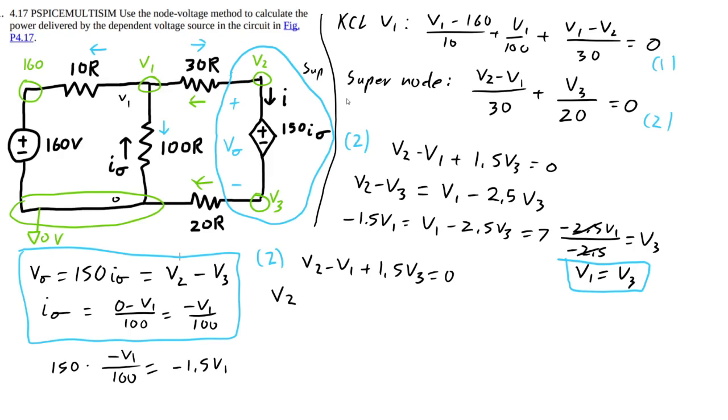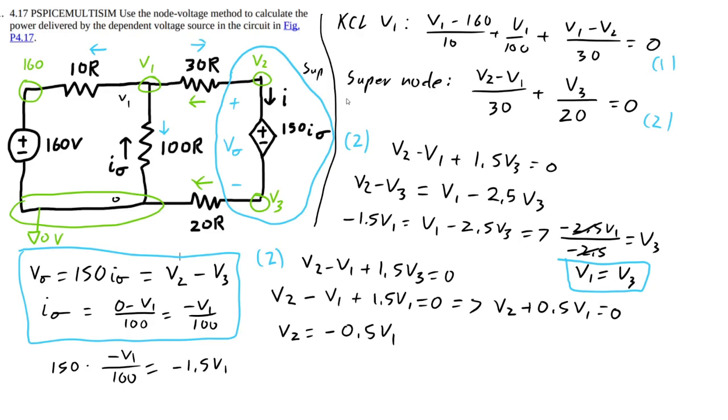So V3 is going to be minus V1 plus 1.5 V1, which means that V2 plus 0.5 V1 equals 0, which means that V2 equals negative 1/2 of V1.